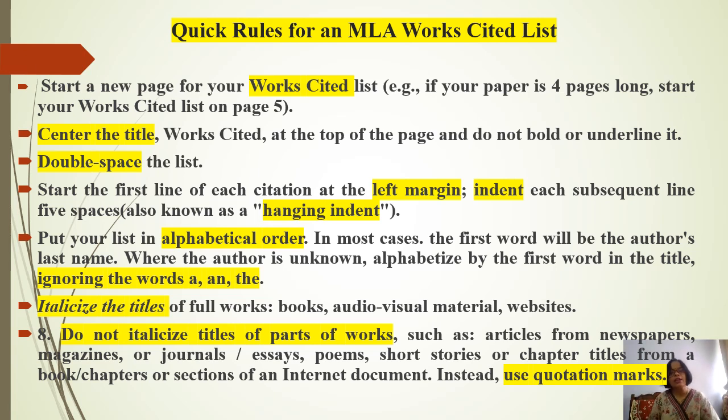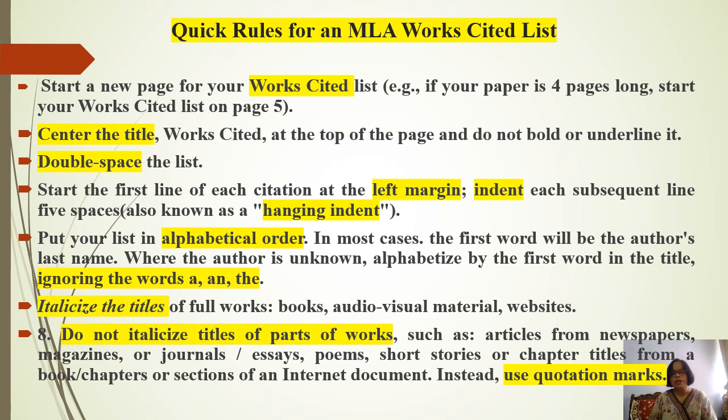That means the works cited list is going to start from a new page. Then center the title, Works Cited. So Works Cited is going to be in the center of the page, at the top, and do not bold or underline it.